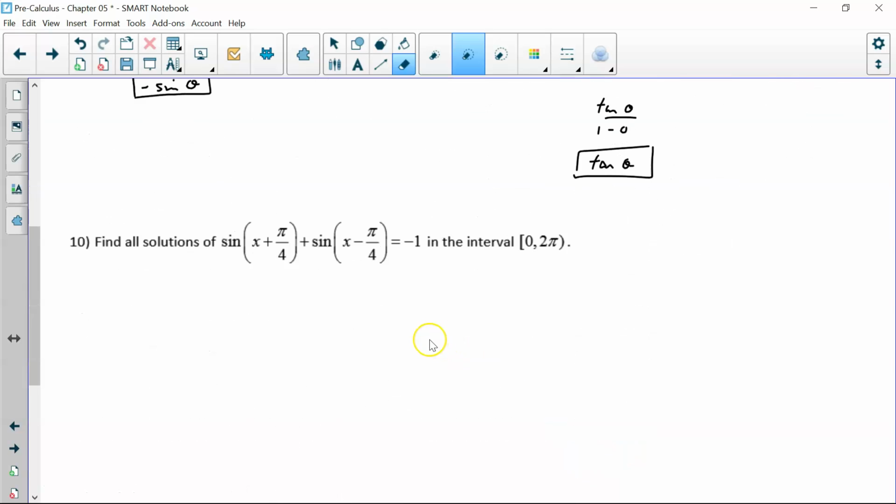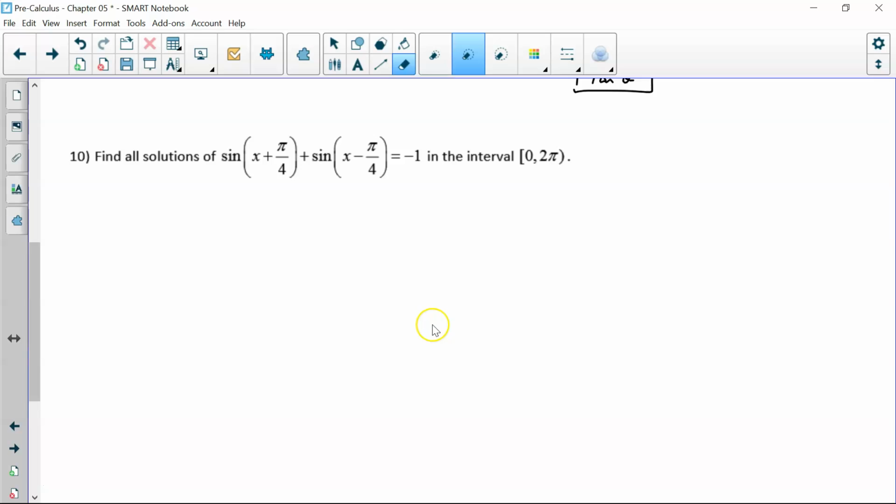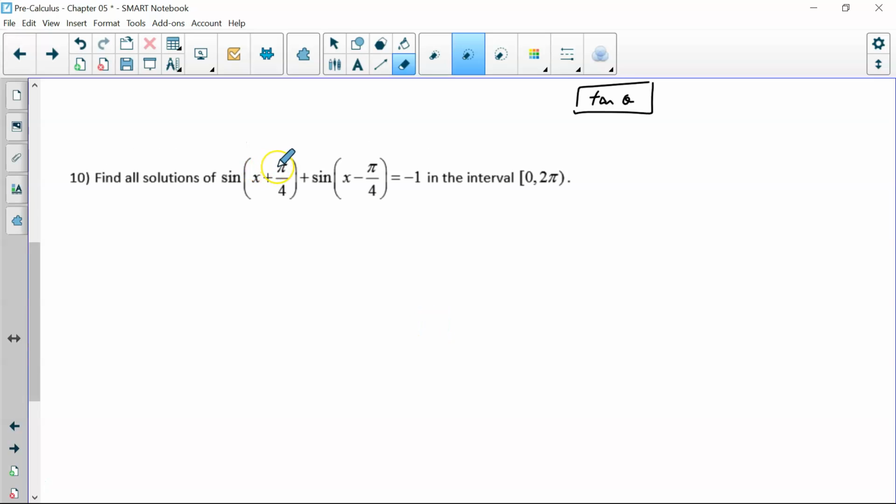Problem number 10 is a solve problem. Now there's a little bit going on here. Notice it's sine of x plus pi over 4, and sine of x minus pi over 4. There's our u plus v and our u minus v. So we have here, for the sine of u plus v, sine u cosine v plus the cosine of u times the sine of v.